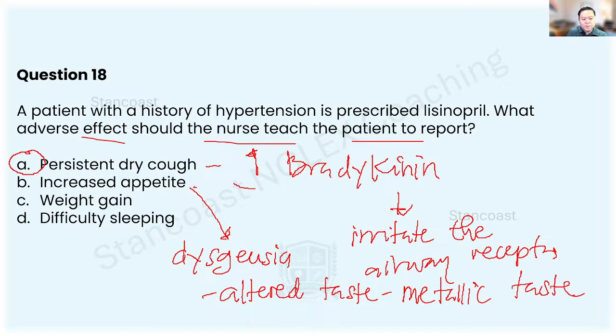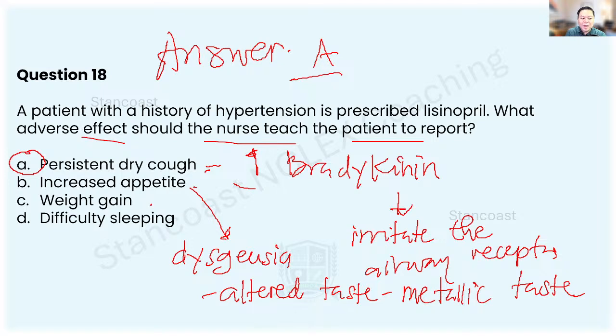So around this time, there is that kind of expected slight anorexia because of that altered taste sensation. Weight gain, nah, it's not really a known side effect to the medication. The same thing with the difficulty of sleeping. So we are going to select letter A. The answer is letter A.